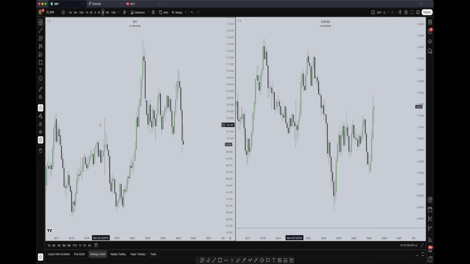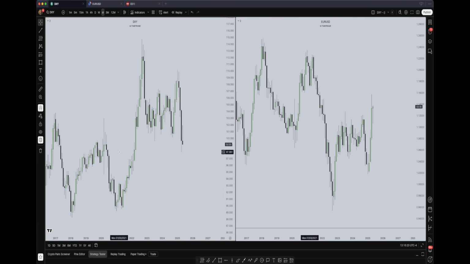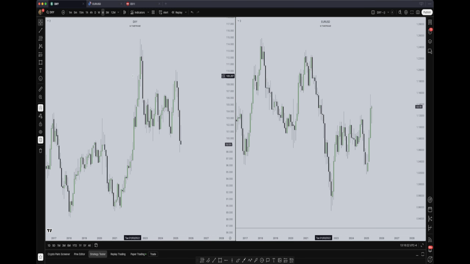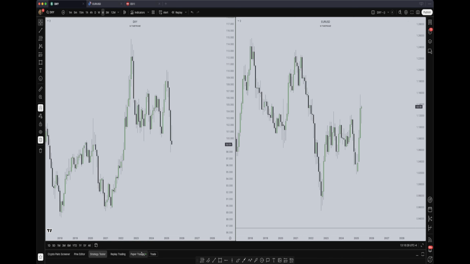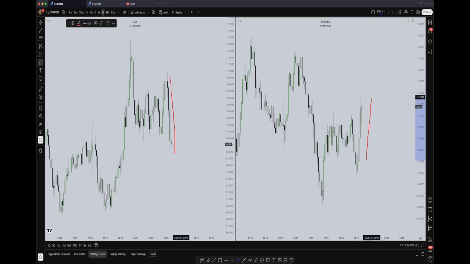I don't want to take so much time here, so I have DXY, the dollar index, and EURUSD, and as you know, they move in asymmetry. So if the dollar goes down, euro goes up, right?